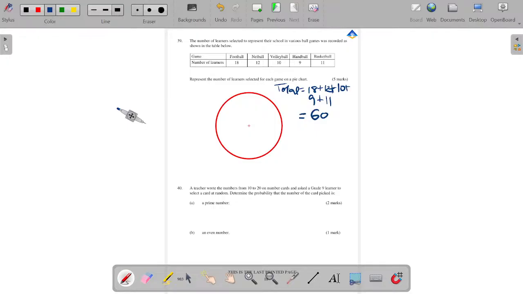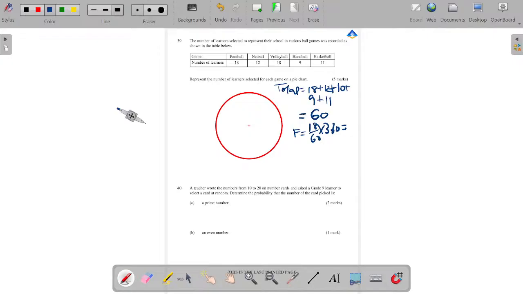So for football I have 18, sorry, not 60. For football I have 18 over 60 times 360 because I want to get its degree.